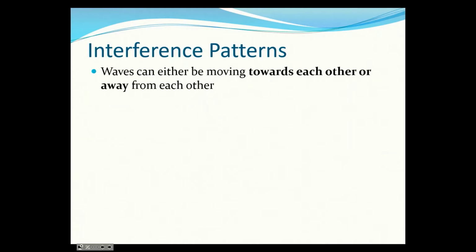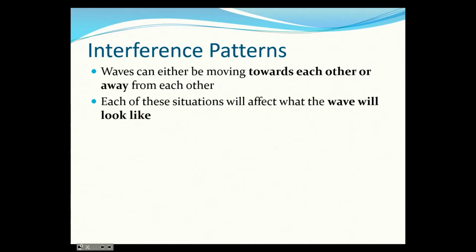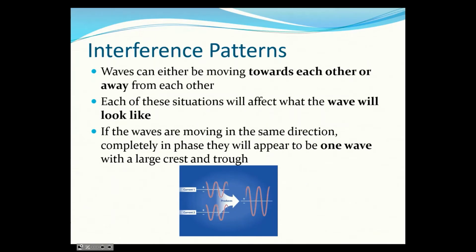So these are the interference patterns. Waves can be either moving towards each other or away from each other. So each of these situations will affect what that resultant wave will look like. If the waves are moving in the same direction, completely in phase, then they'll be one wave with large crests and large troughs. So this is our wave 1, this is our wave 2, and we get this bigger amplitude.